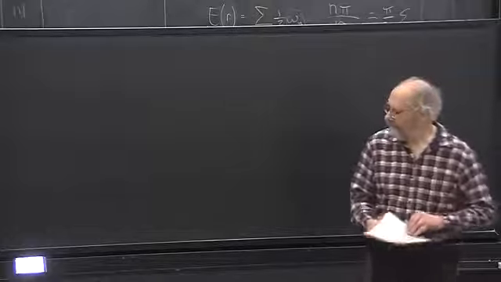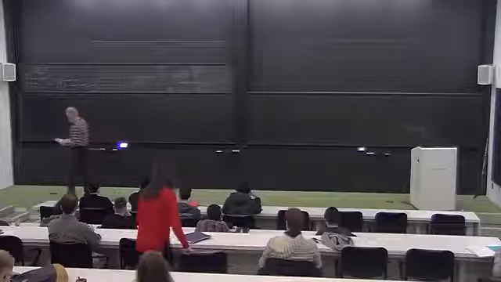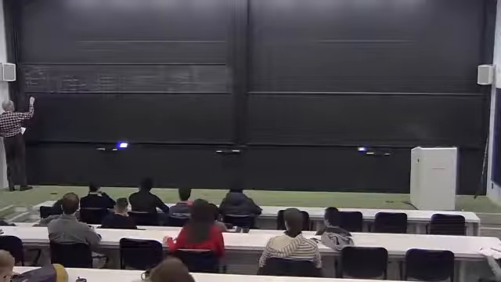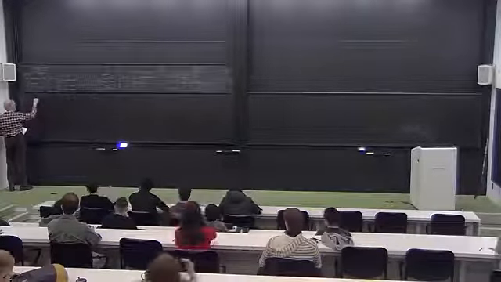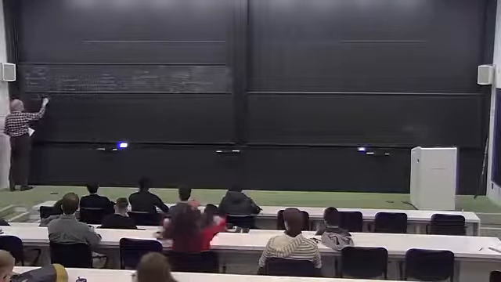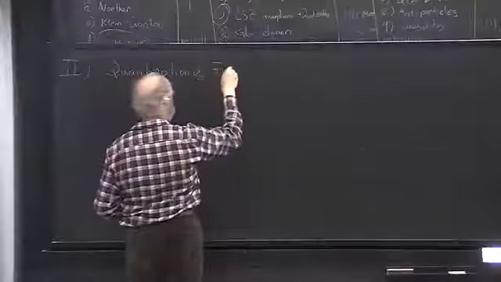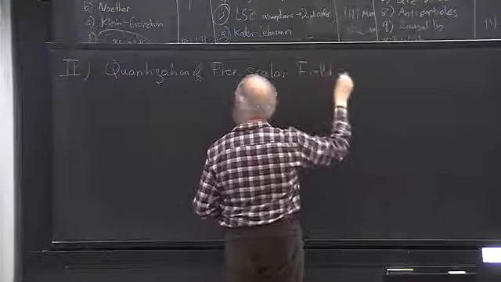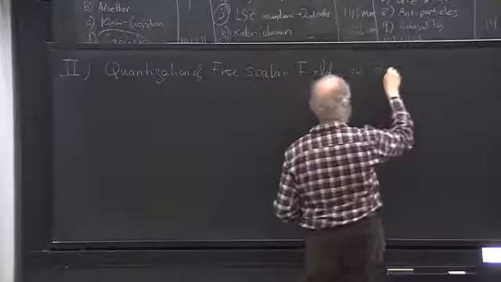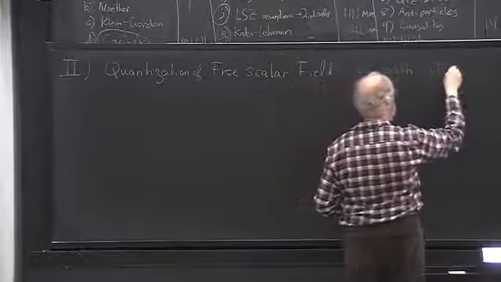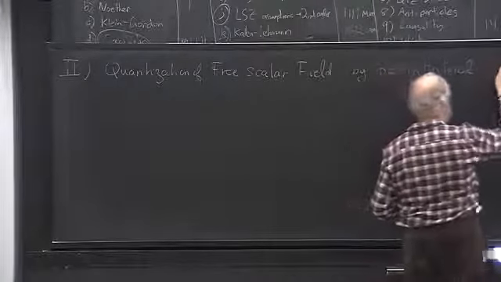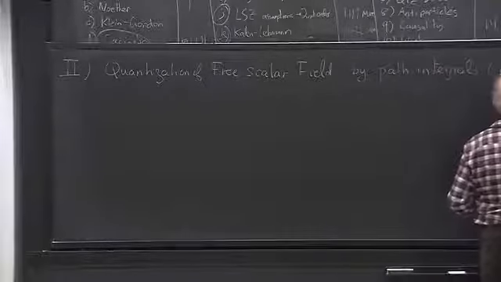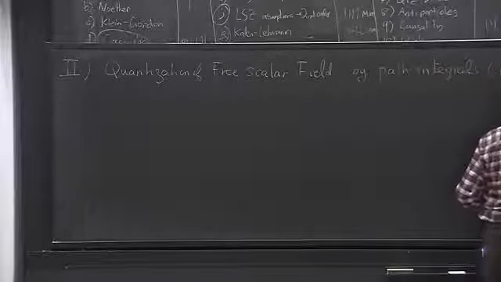Okay. And I'm going to discuss now, to start, this is the second part of two, about the quantization of free field, quantization of the free scalar field by path integrals, which in this case is called functional integral.